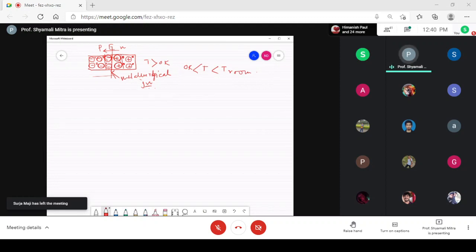This side also holds the same logic, because the extra electronic charge is equal to its associated parent atoms. So this particular region, left with uncovered ions, generates an electric field.